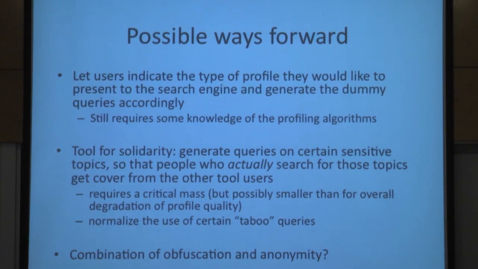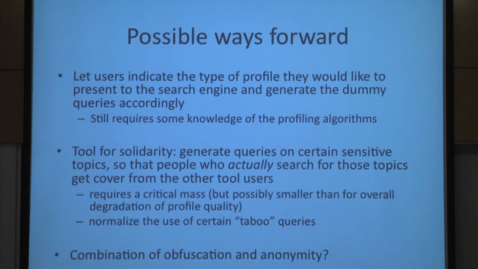You could use it as a tool for solidarity. So imagine that you say, there is discrimination against people who make breast cancer or AIDS queries. There's a big stigma. And what we do is that we precisely use the tool to have a list of sensitive queries that we want to provide cover and support for, so that anybody looking for AIDS can do so, and it would look like it's fake because there are all these people generating junk queries about AIDS, for example.